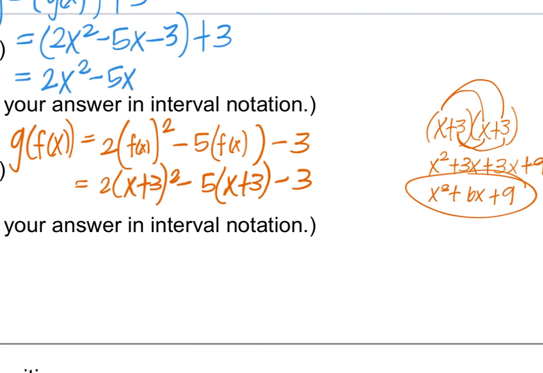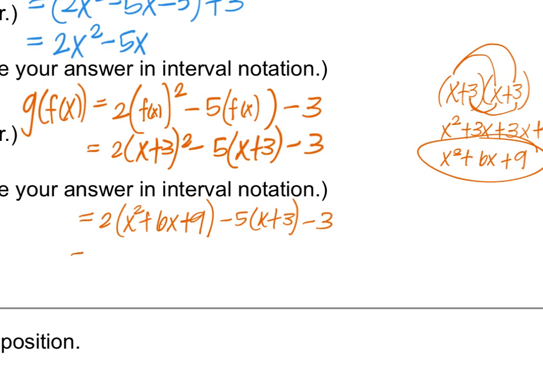So 2 times x squared plus 6x plus 9 minus 5 times x plus 3 minus 3, and now we can distribute finally. So I just distributed the 2 to the trinomial behind it, and the negative 5 to the x plus 3.